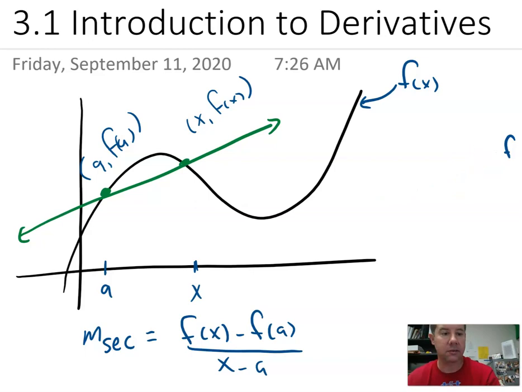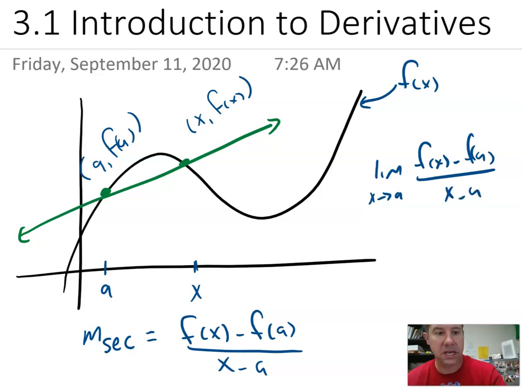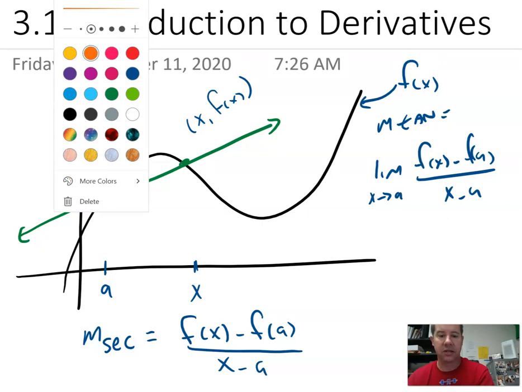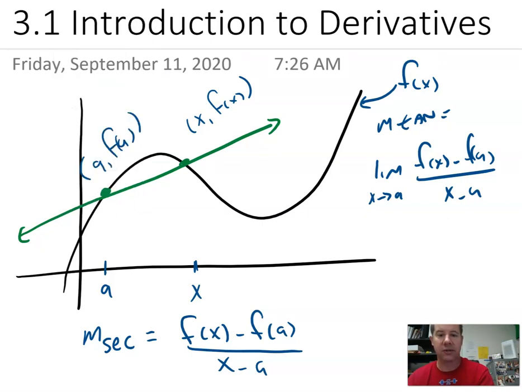Let me erase here. This would be the slope of the tangent line: f of x minus f of a over x minus a, the limit as x approaches a. As I move this x-coordinate closer, closer, closer, that's going to help me approximate the slope of this tangent line right here.